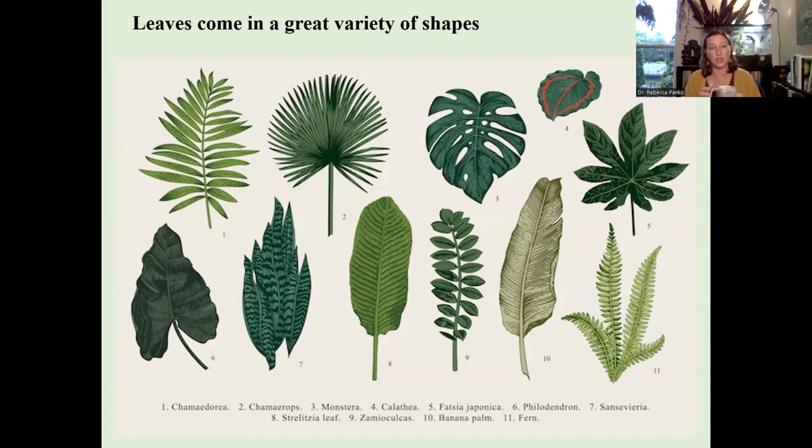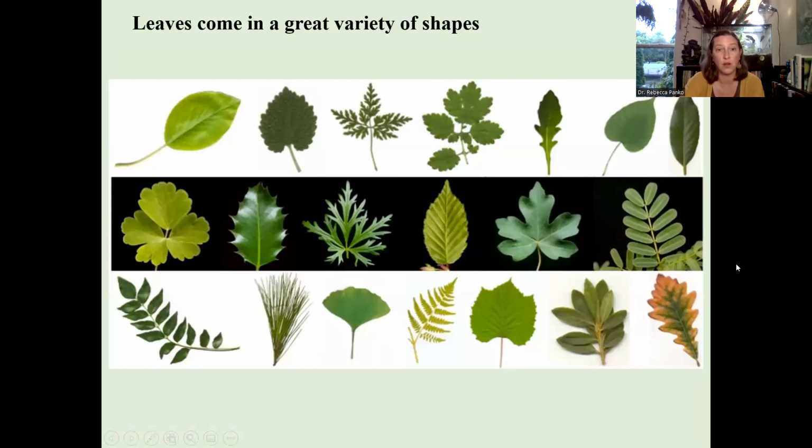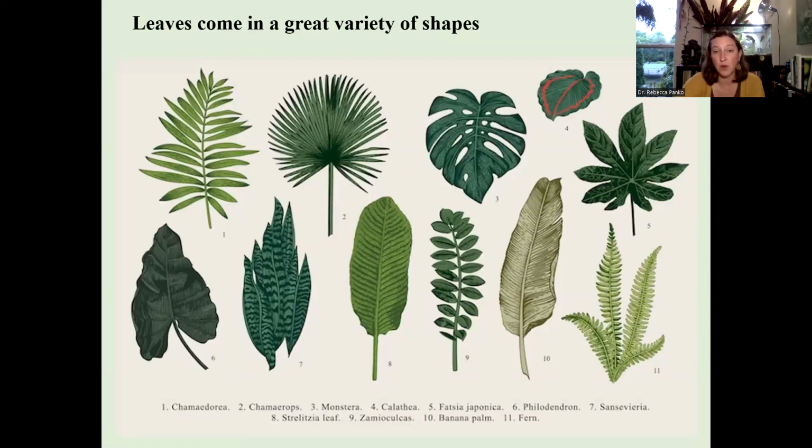There are so many different shapes that leaves can have depending on the species. This slide just gives you an example of some of them. Remember, there's almost 400,000 species of plant, so you can imagine there's quite a lot of variation in leaf. This is just a little bit. Here's a little bit more. Each of the things I'm showing you here are leaves.